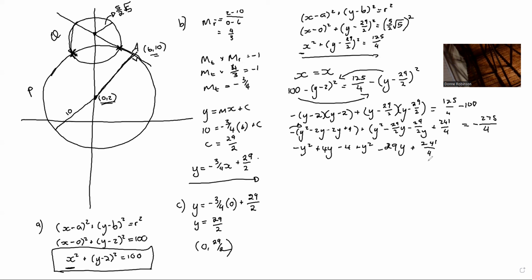Okay. So now that one cancels out that one. Then we have 4y. So on this side we're going to have 4y, so it's negative 25y. And then let's put the 4 on the other side because remember it's equal to 0.